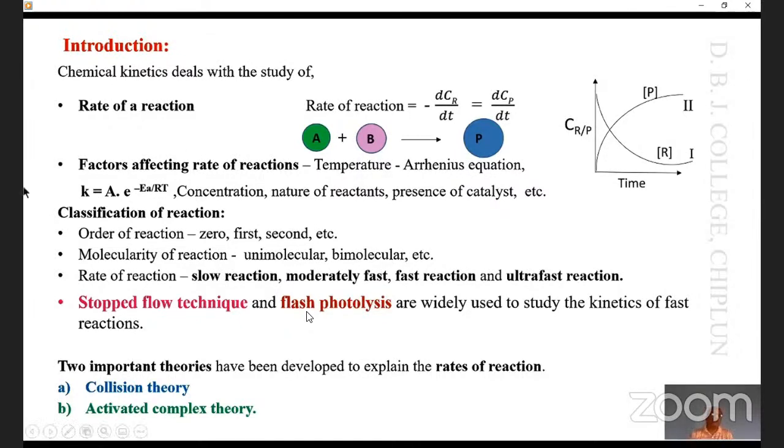Now then, the molecularity of a reaction. The number of molecules taken part in the step leading to the formation of a product is known as a molecularity of a reaction. On the basis of number of molecules taken part in the reaction, we can classify the reactions as a unimolecular reaction, bimolecular reaction, termolecular reaction, etc. Whenever only one reactant molecule has taken part in the step in which the product is formed, then we call that reaction as a unimolecular reaction.